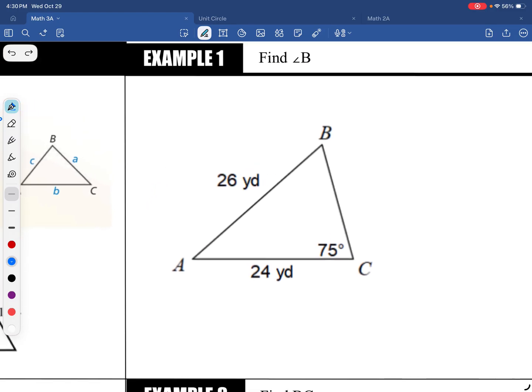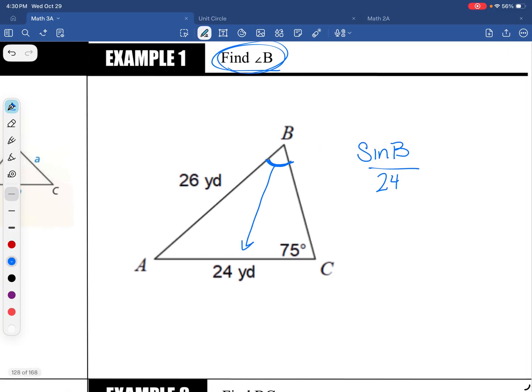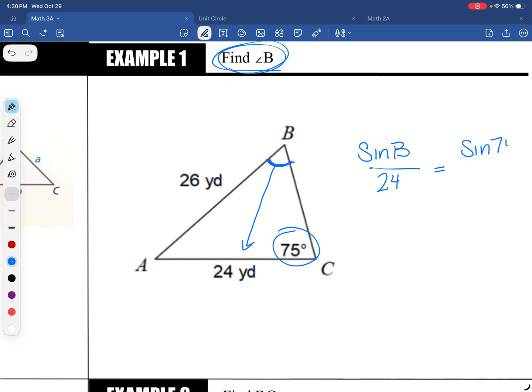Okay, so we're looking for angle B here. So since that's what we're finding, let's write that on top, sine B. And that is straight across from the side 24. Okay, since we put sine B on top, we're going to put sine 75 on top because that is our angle C. And it's straight across from 26.